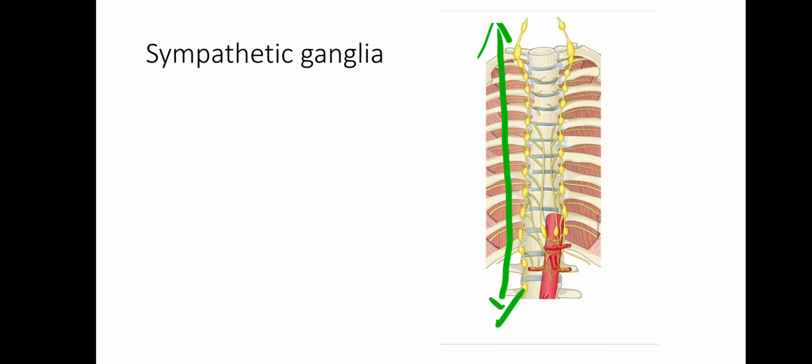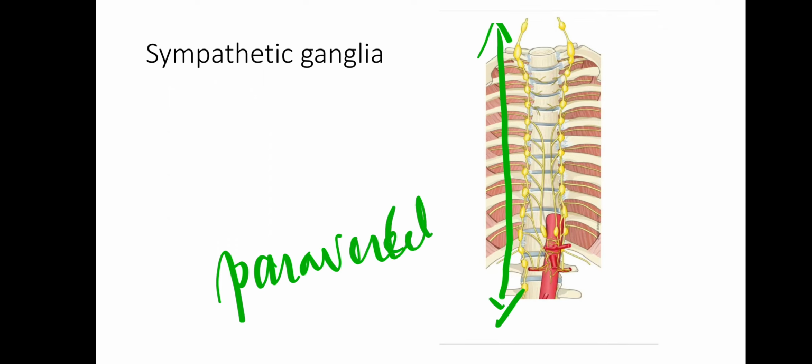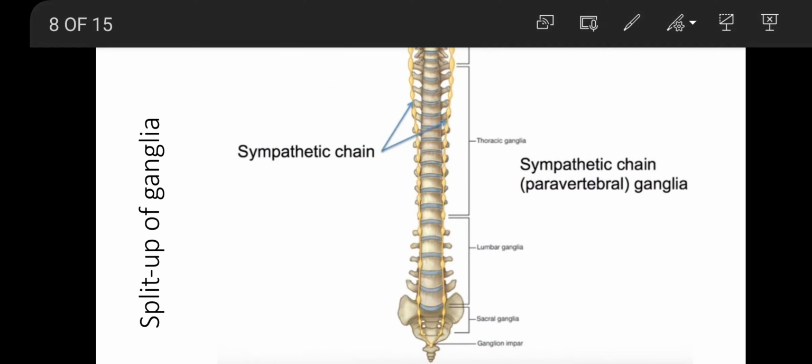Because it lies on either side of the vertebral column, it is otherwise called the paravertebral ganglia. The paravertebral ganglia extend from the cervical to the coccyx region.